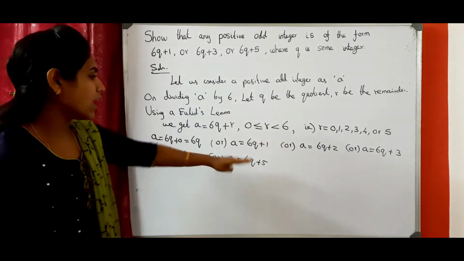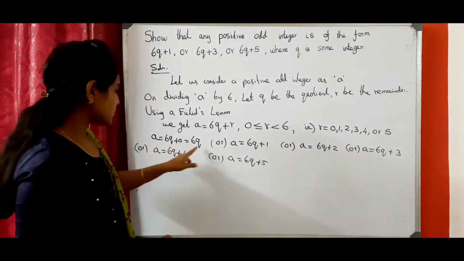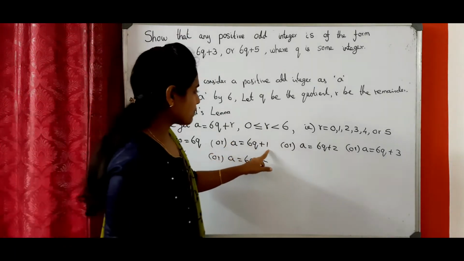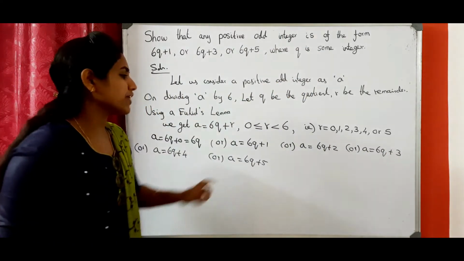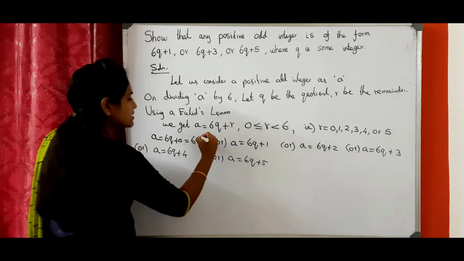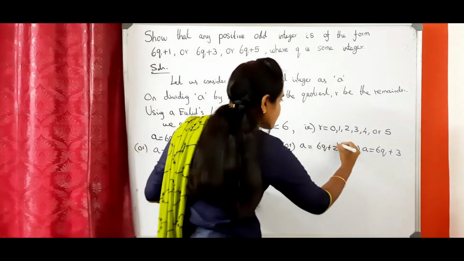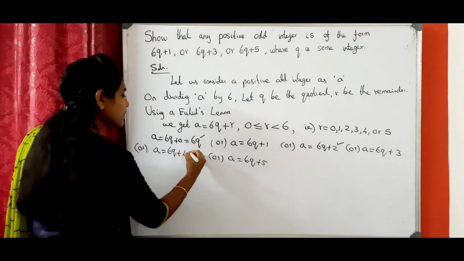Just apply the r value. So we got a equal to 6q, 6q plus 1, 6q plus 2, 3, 4 and 5. Here you see 6q, 6q plus 2 and 6q plus 4.